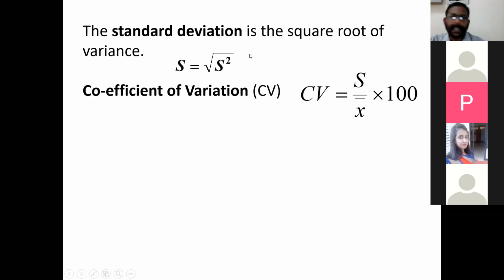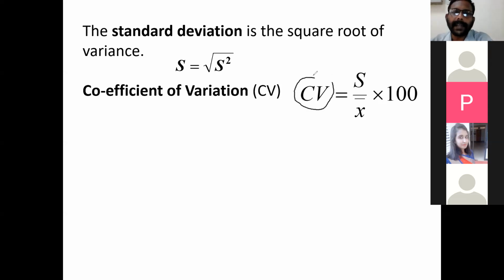The last one, I think we can finish this also and then complete the class. The last topic is the coefficient of variation. This is indicated as CV, not the CV as in curriculum vitae. In statistics, CV is called the coefficient of variation. It is given as S divided by X bar.